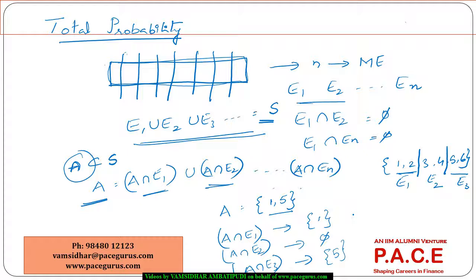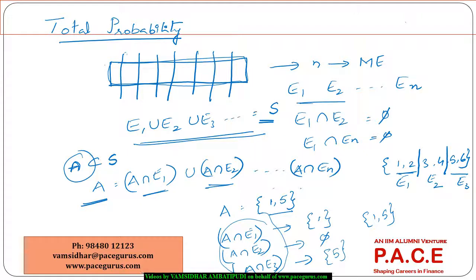The union between these three is nothing but 1, 5. So A can very well be written as A intersection each of these events, provided these events E1, E2, E3 are mutually exclusive and their union is the total sample space.